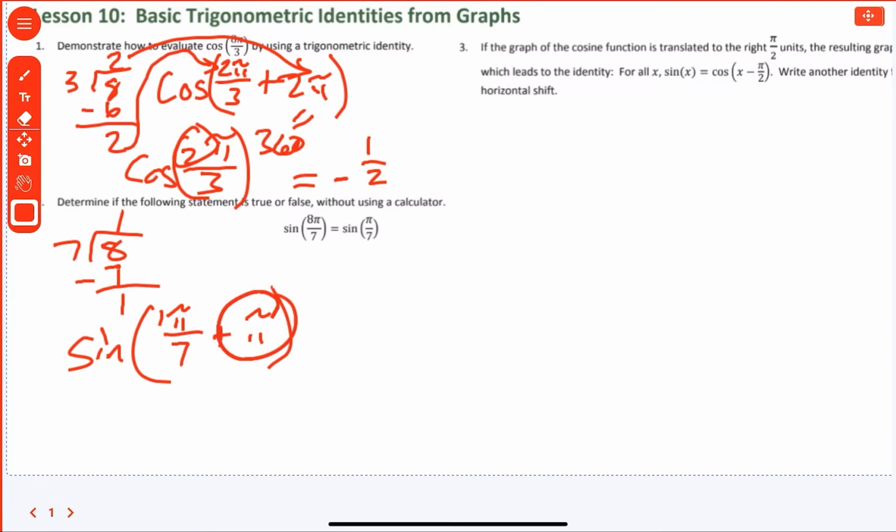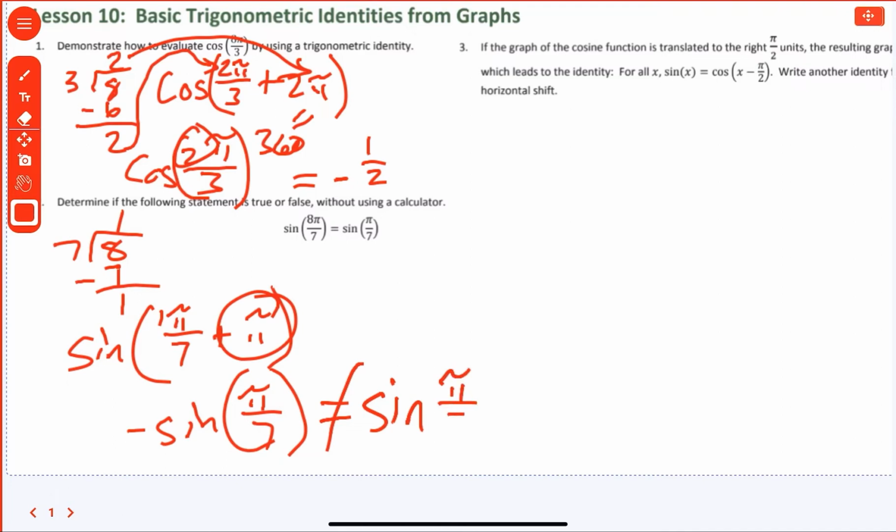Well, this pi tells you that we're going to go 180 degrees, which means it's going to change the sign to a negative. So this would actually equal a negative sine of pi over 7. And that is not equal to the sine of pi over 7, because it's the opposite.